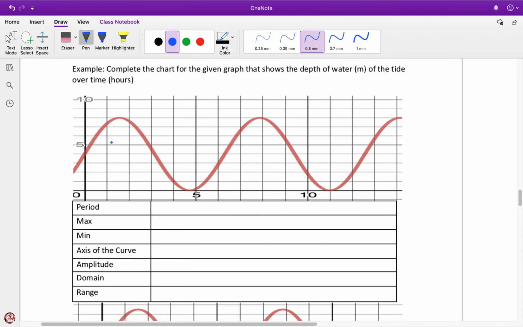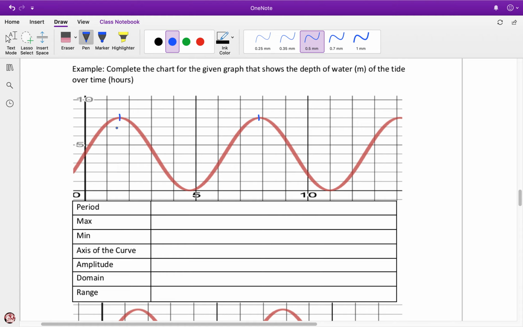Okay, we're back. First things first, it's not a perfect graph because I don't have it landing exactly. So if you get a close number for some of these things, I'm happy. The questions on tests will be perfect. So my period, how long to go from one peak to another. I'm going to mark it there and about there. Every one of these squares appears to be 1.